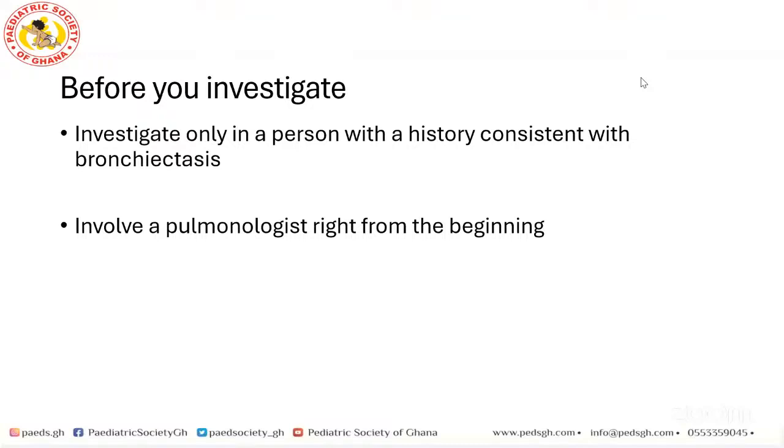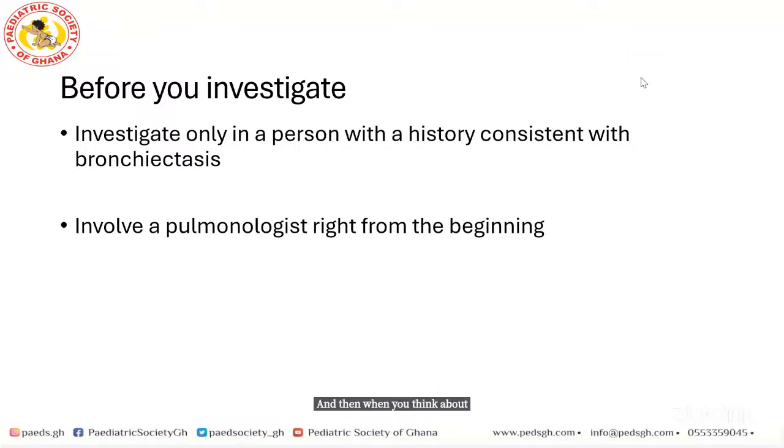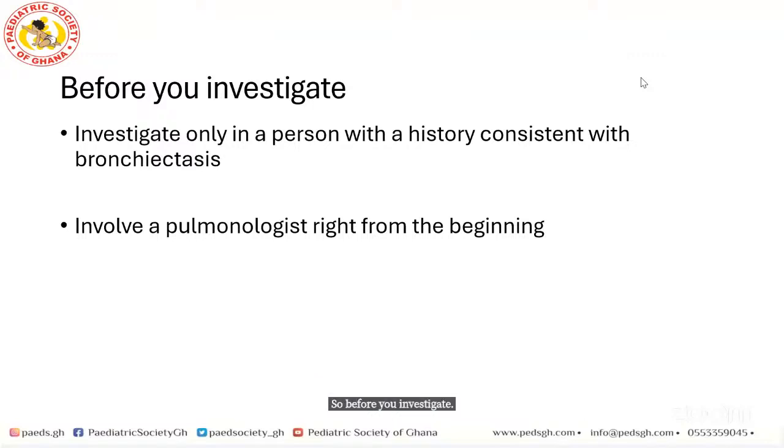But before you investigate, I want to lay emphasis on one of the things Naomi said, which is that chronic suppurative lung disease, especially bronchiectasis, is a clinical syndrome. When you think about it as a clinical syndrome, you realize that there must be certain symptoms or signs. So before you investigate, you must be sure that you have a history consistent with bronchiectasis.